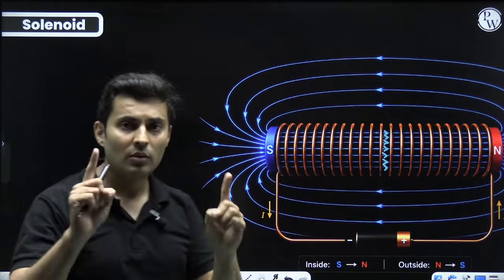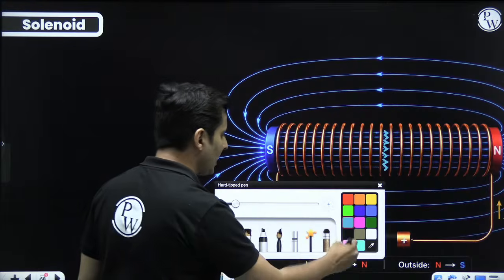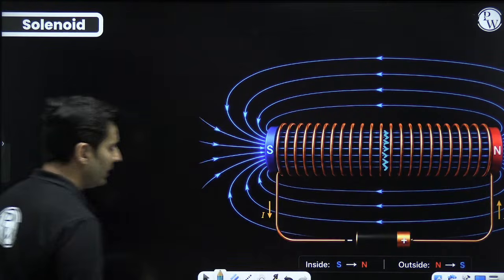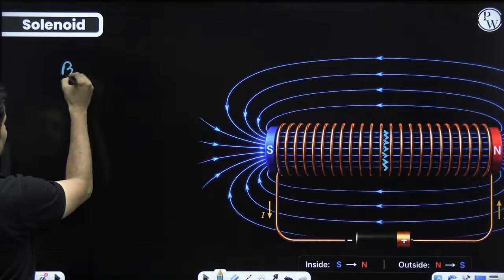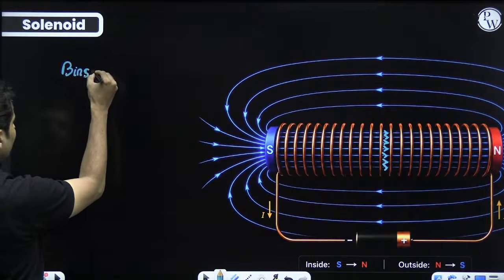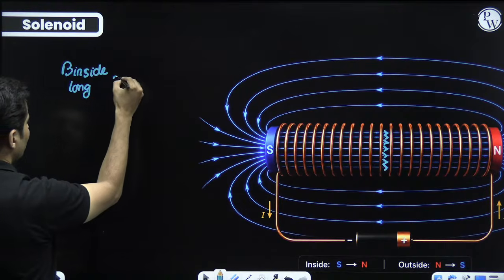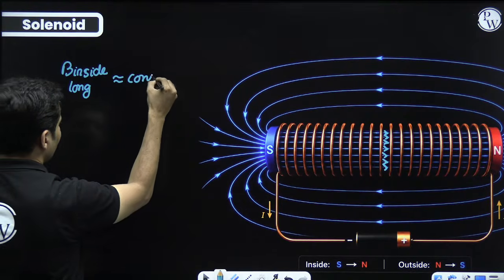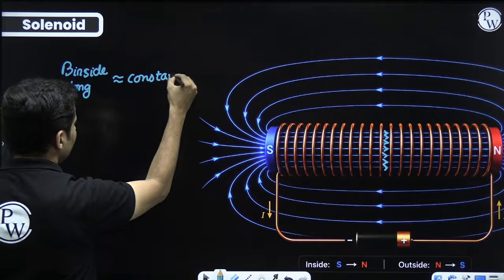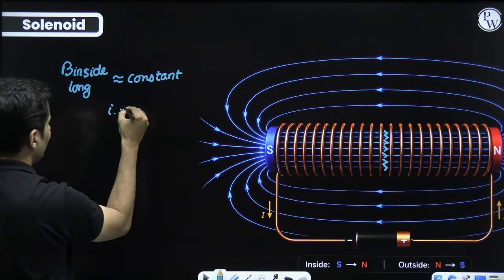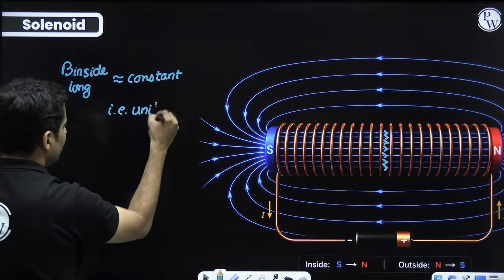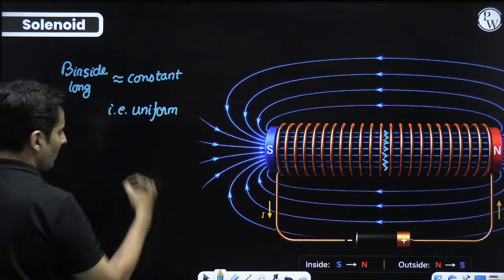Circular loops. What is very important is that inside a long solenoid, the field is almost constant, meaning it is basically uniform.